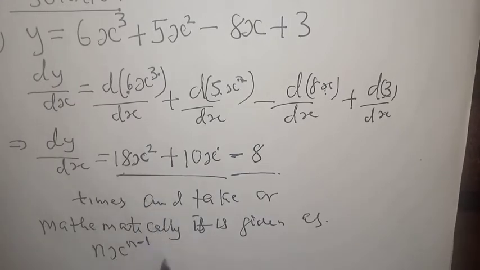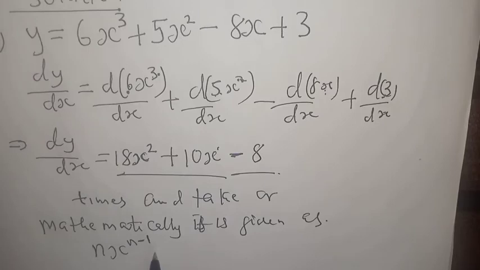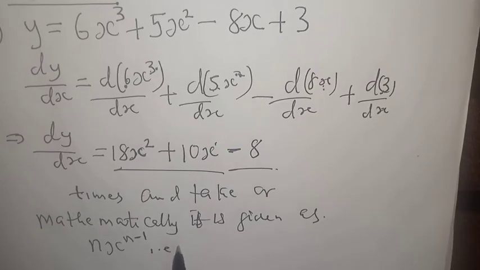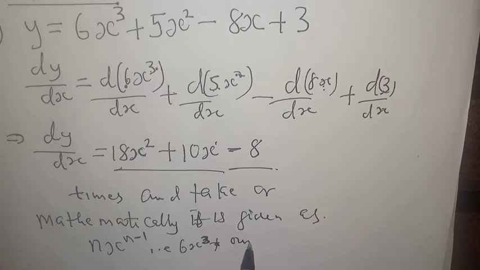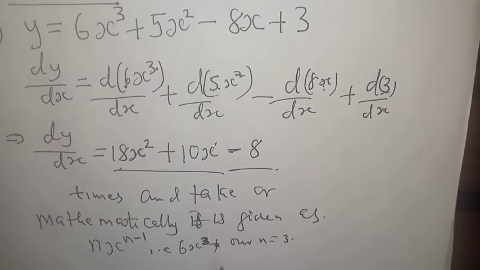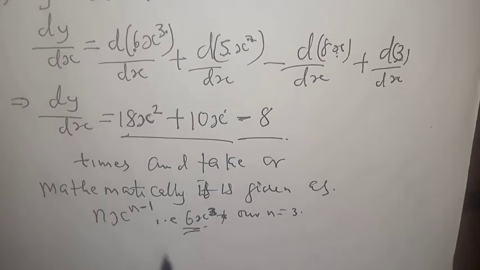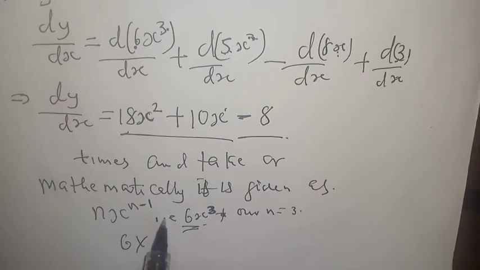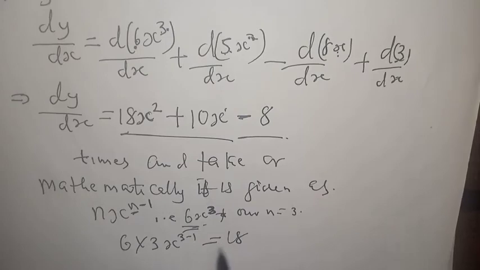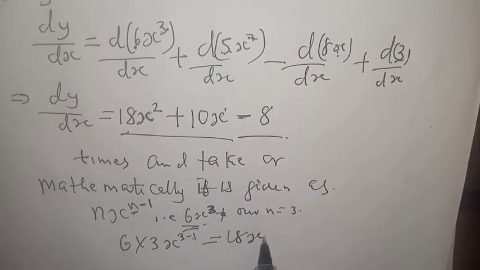Take it for instance, from this equation we have 6x to the power 3. Our n is equal to what? 3. Then let's apply the formula. We already have 6. We have 6 times our n, which is 3, x raised to power n minus 1, 3 minus 1. So we get 6 times 3, 18, and 3 minus 1 is 2, x squared.